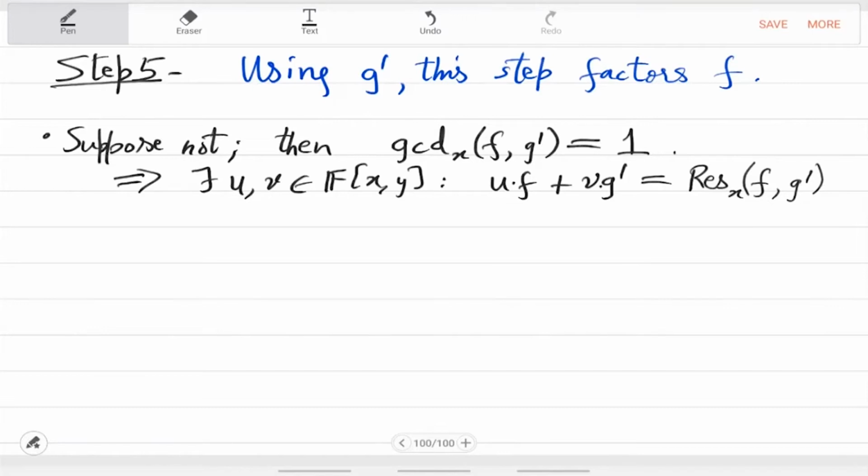So in terms of x variable, this uf plus vg prime is 1, but then if you remember how we got resultant, there is this denominator which is free of x, so it has y, and that is exactly resultant, or we can pick it to be resultant. So resultant is free of x, it eliminates x, right? So there are these polynomials u and v that eliminate x.